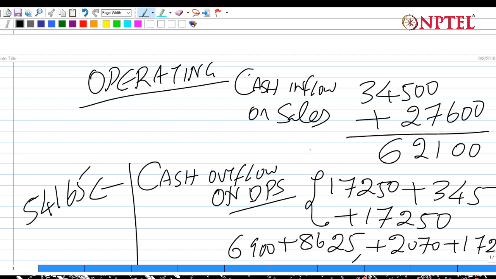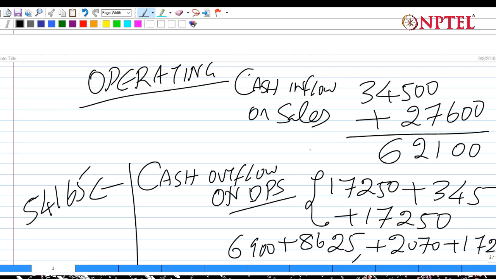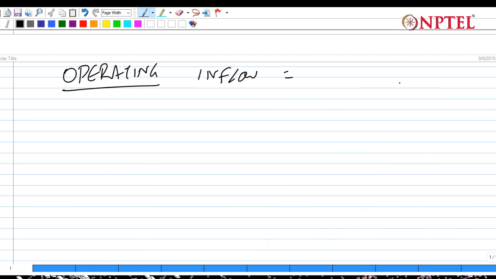So what is the net operating cash flow? Operating inflow is basically, what is the amount we calculated, Pratik? 62,100.